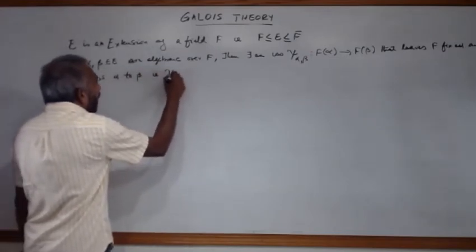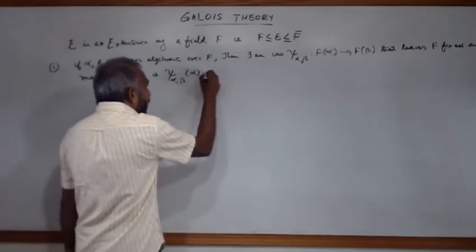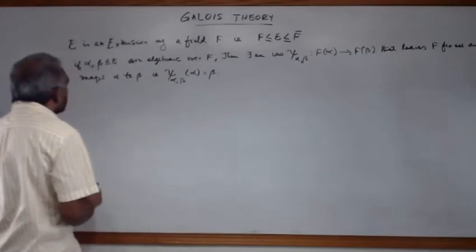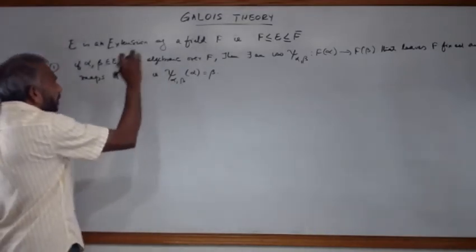That is, psi of alpha is equal to beta. This is a very important theorem in the whole Galois theory.